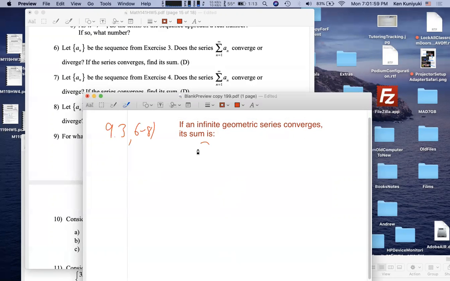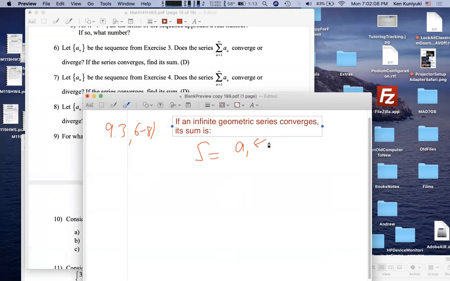The sum is given by a sub 1, or simply a. It doesn't have to be called a sub 1, but the initial term over one minus r.